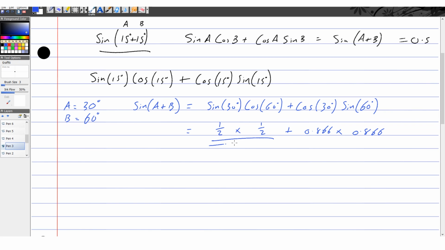So a half times a half added to these two numbers multiplied equals 1. So you can do it in little steps or you can do it in one step. Either way you'll still get the correct answer. So that is using the compound angle formula.